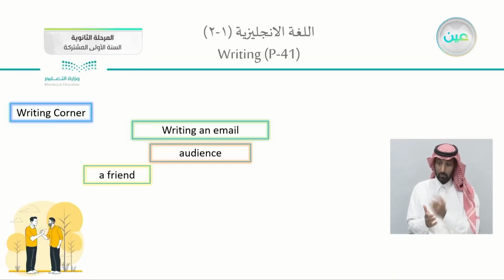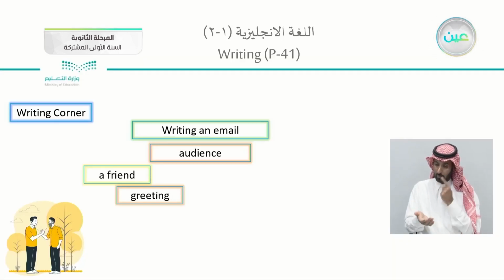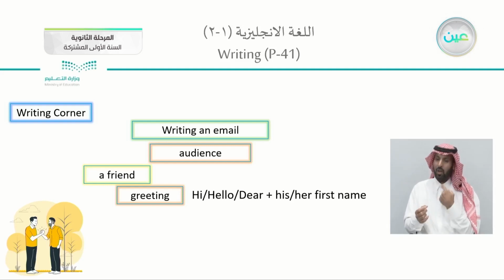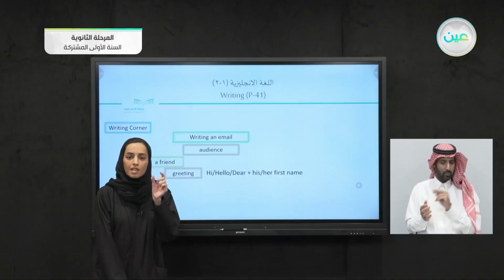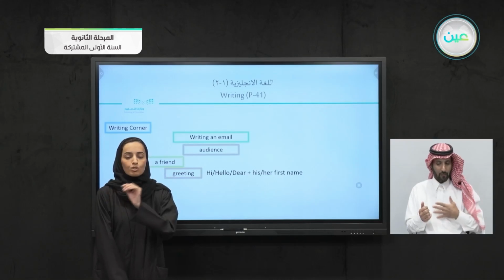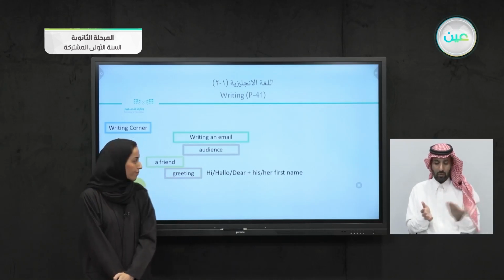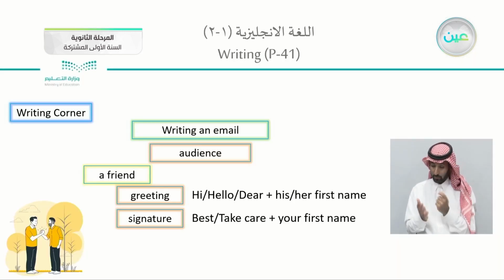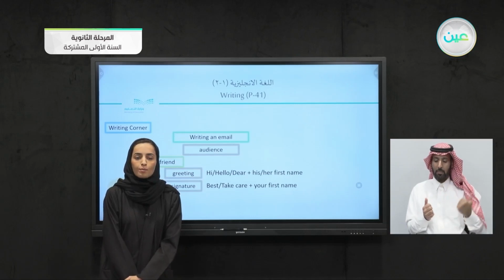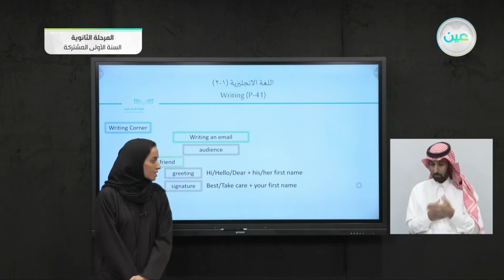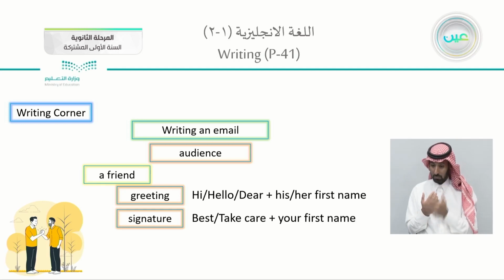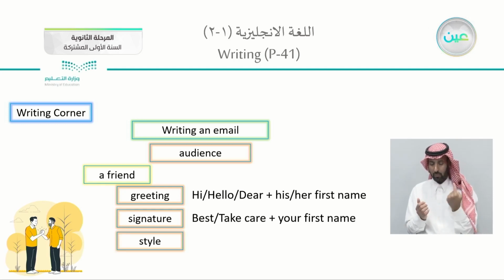So if it is to a friend, your greeting can be hi, hello, or dear Adil, dear Brian, with the first name, not the family name or last name. Then the signature should be like best, take care, best regards, best wishes, and you will sign with your own first name.